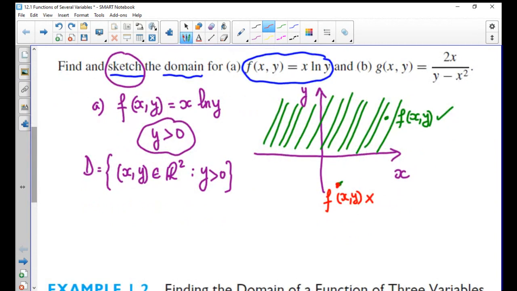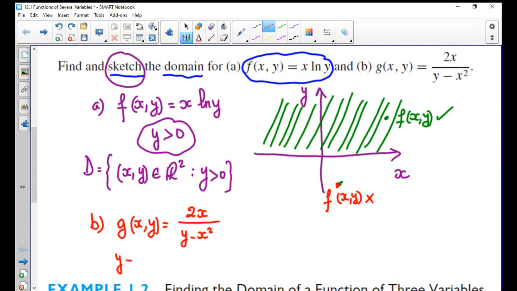How about b then? What happens in b? This function g, what is its domain? So in this case, what should we have? y minus x squared should not be equal to 0. So this is what you would say.